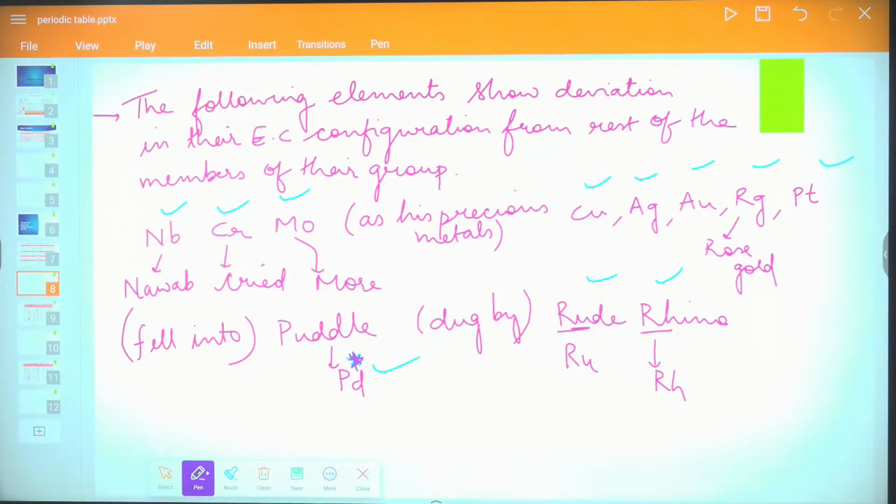Are we done? Can we proceed further? And on palladium, don't forget to put a star mark. Finished?